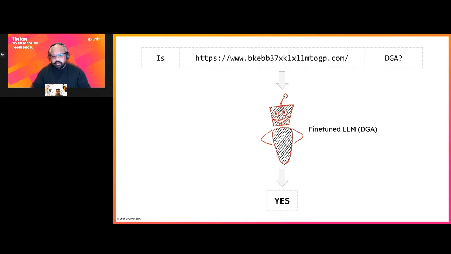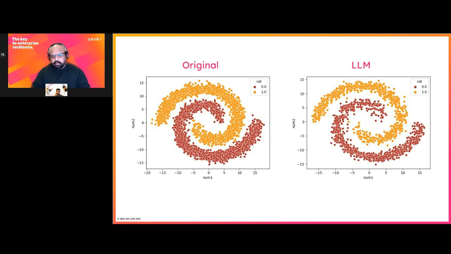Similarly, you can ask it another question, like, does this strange-looking website represent typosquatting? And again, the answer is yes. But the usage of LLMs doesn't stop here. They can also be used to generate data. This is a simple example where we try to generate a two-dimensional data set.